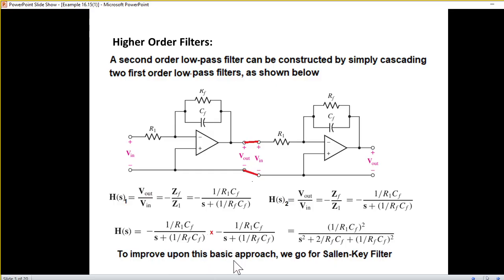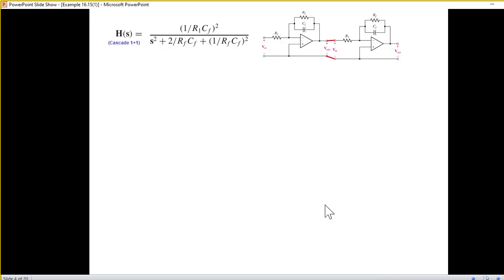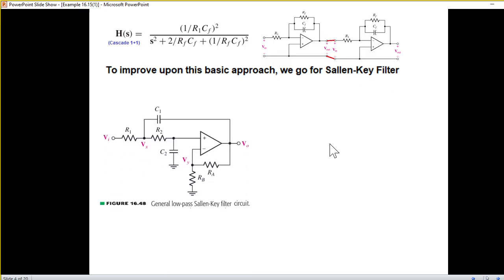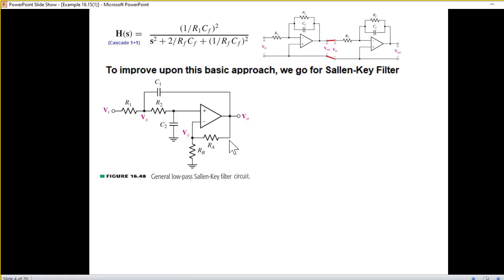And to improve upon this basic approach, we go for the Sallen-Key filter. We were here, and as we said that we can use Sallen-Key filter, which is improved version. So this is the design of the filter.